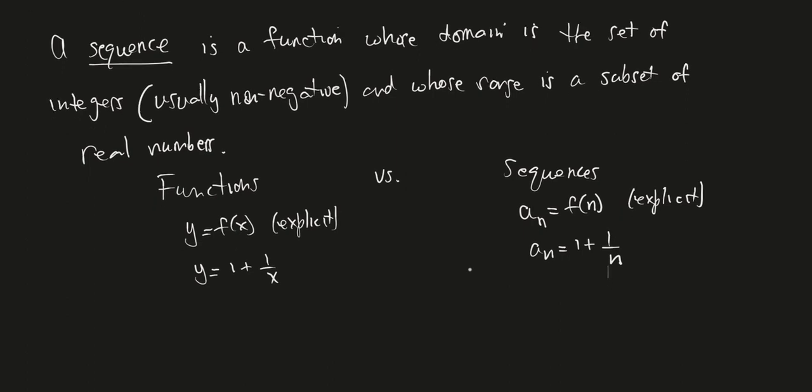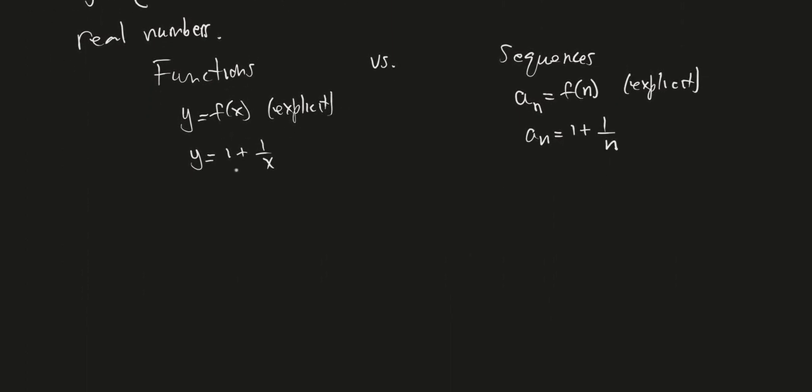Now you look at this and you're saying, okay, we're just playing around with letters. We haven't really made any fundamental change. Well, the big change is, if you try to visualize these, if you graph this function, obviously it's going to have a vertical asymptote at x equals 0, and as x gets bigger, this term approaches 0, so the function approaches 1.